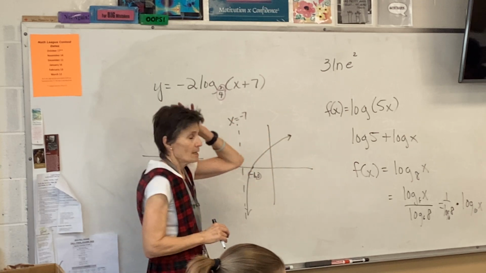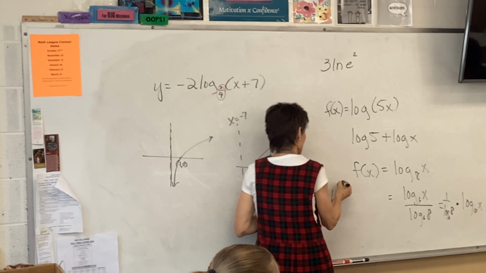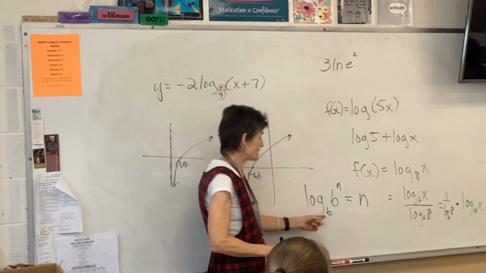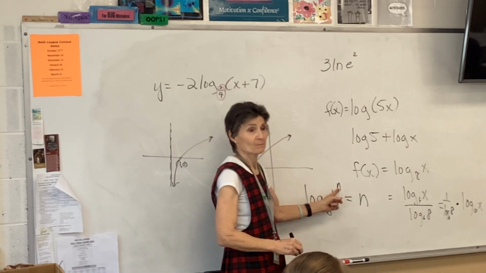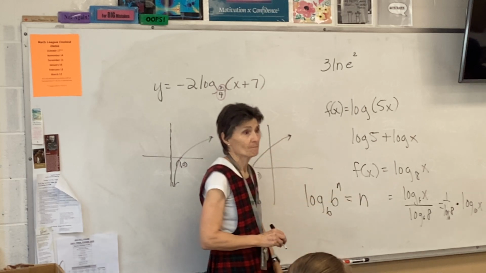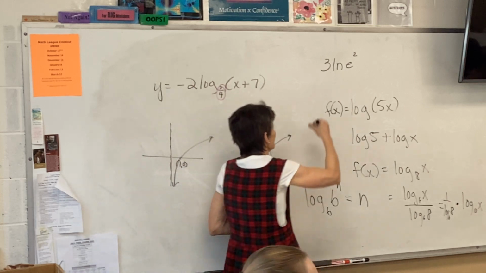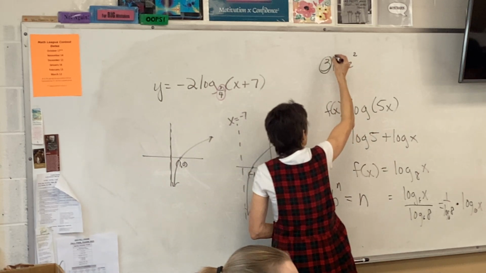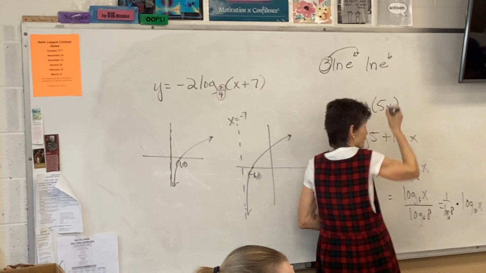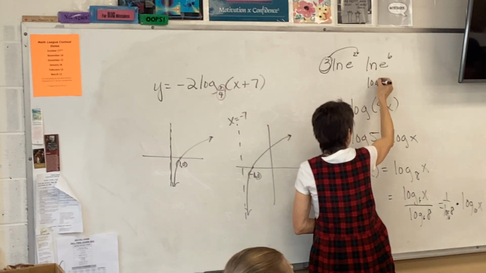There is a property of logarithms that says the log base b of b to the nth is n, not 1. The log base b of b to the first is 1, but the log base b of b to the nth is n. Period. Always. So, a number in front is an exponent. So this is really ln e to the 6th. And ln is log base e.